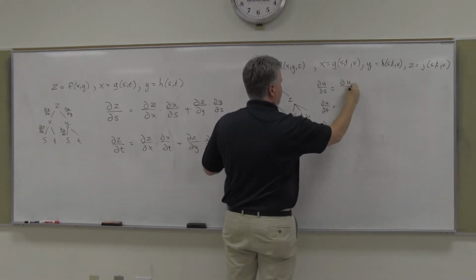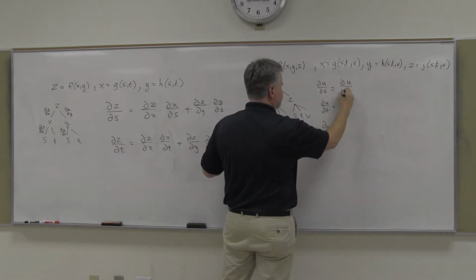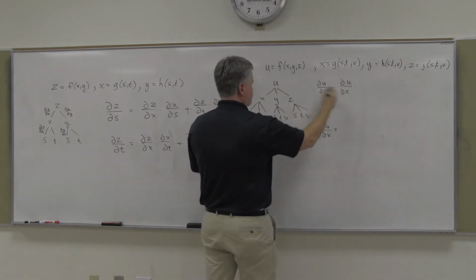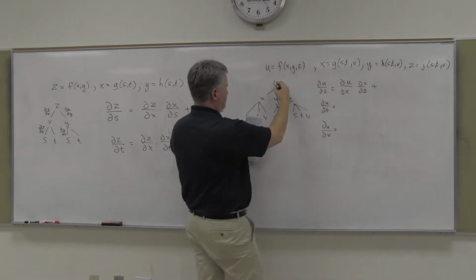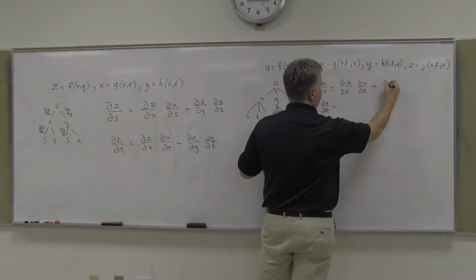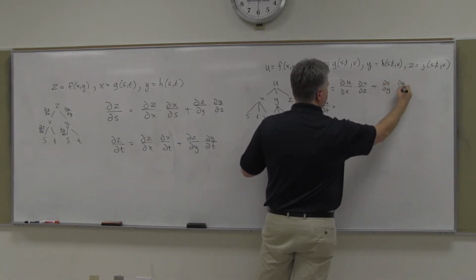So the partial of u with respect to s would be the partial of u with respect to x and the partial of x with respect to s. That's one path. Then I could go through y: the partial of u with respect to y and the partial of y with respect to s.